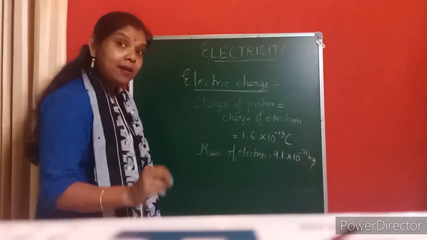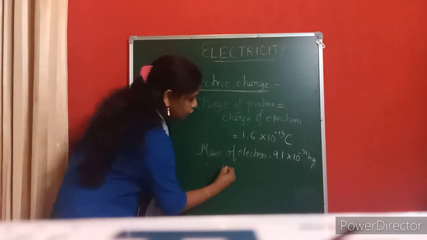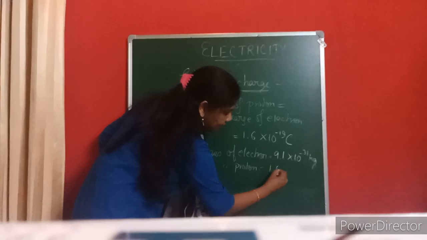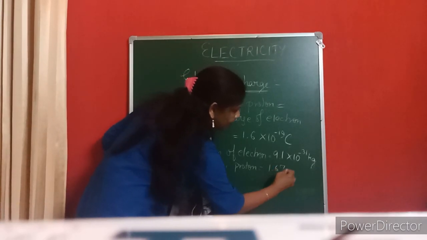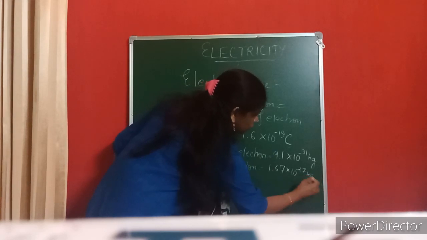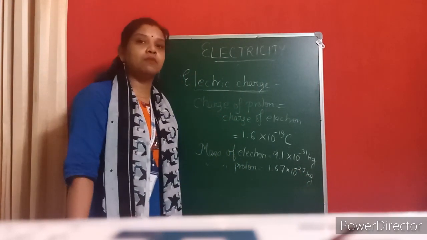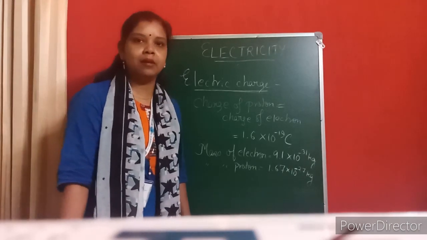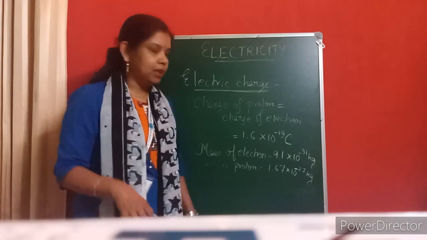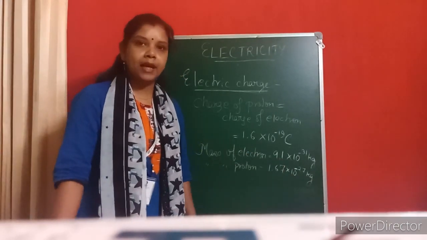Think how small it is. The mass of a proton is 1.67 into 10 to the power minus 27 kg. Between minus 5 and minus 10, which one is bigger? Minus 5 is bigger. In powers also it is the same thing. So this is a bigger value compared to the mass of an electron.